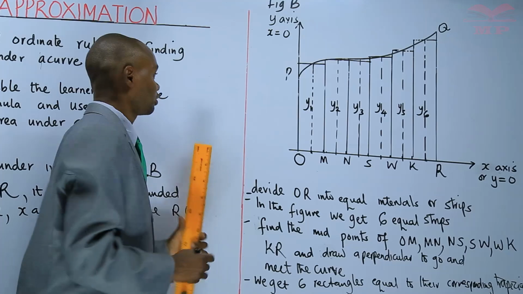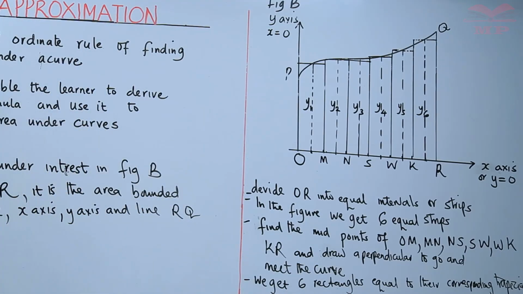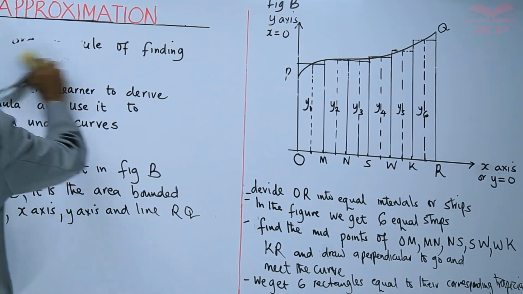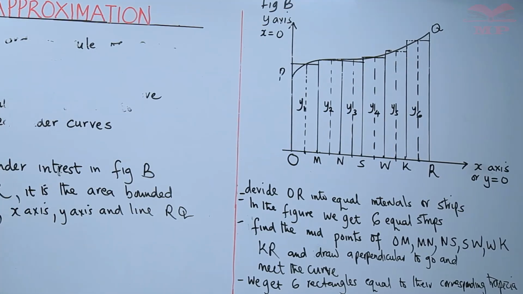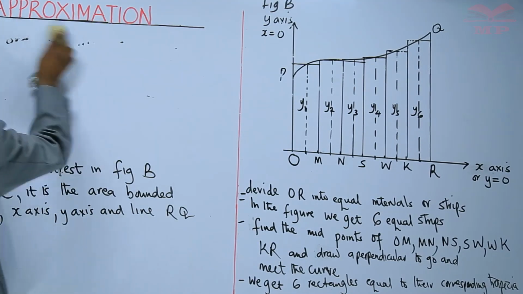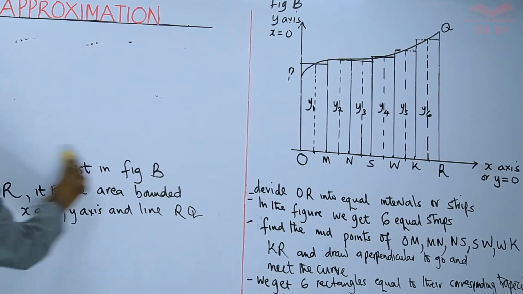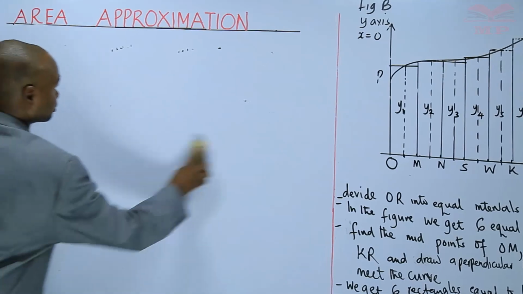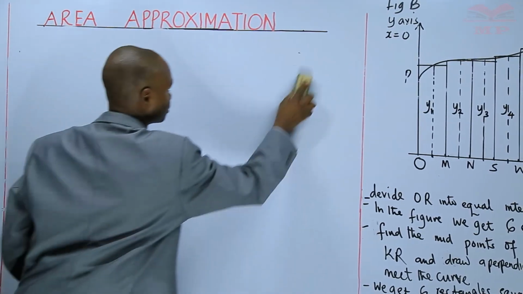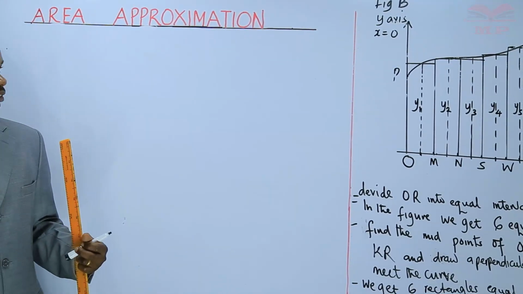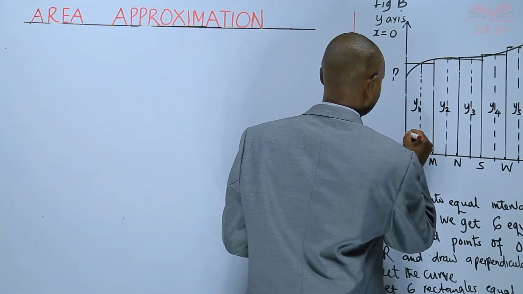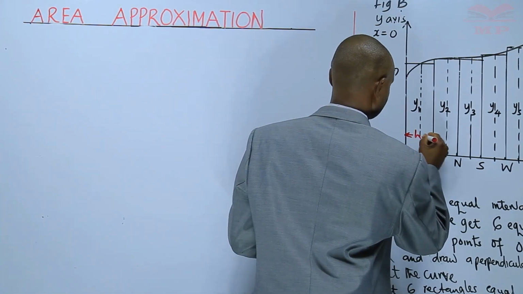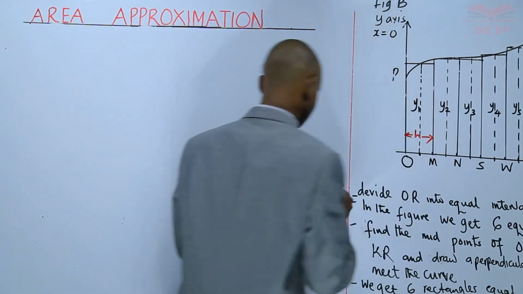So if we move back here, we shall now be interested in getting the total area. So learner, assuming that you'll have a strip width, you need to have a strip width.